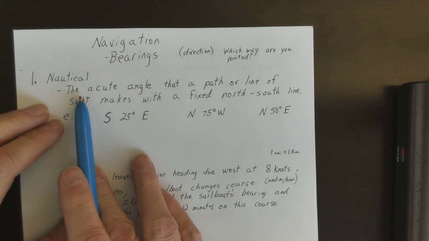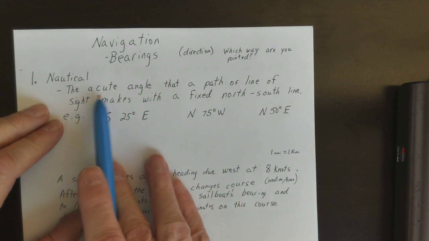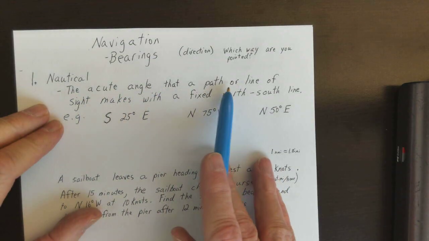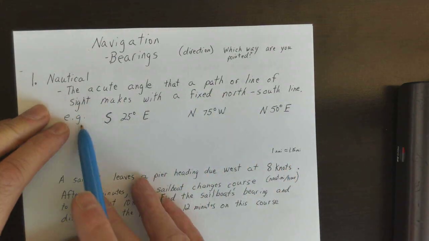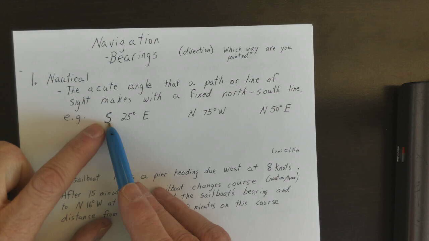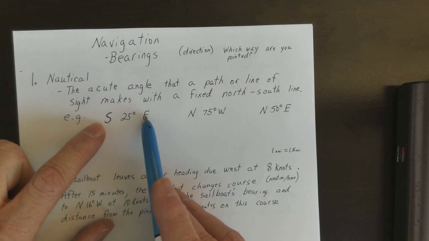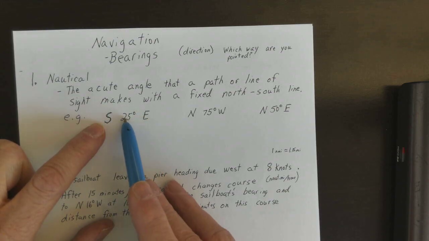Now, in nautical terms, a bearing is the acute angle that a path or line of sight makes with a fixed north-south line. So it'll look like this. You have your north or your south, and then how far off you are from that north or south line.